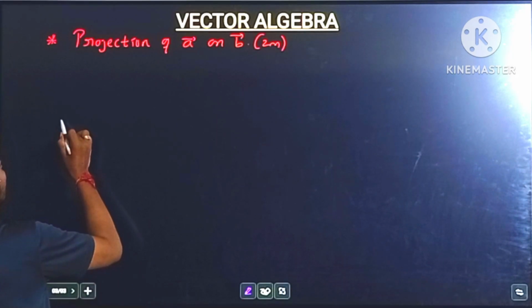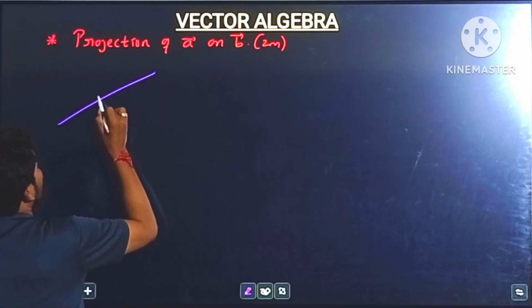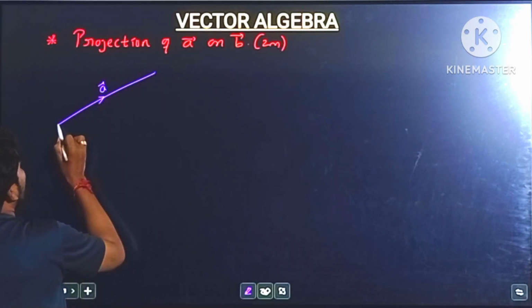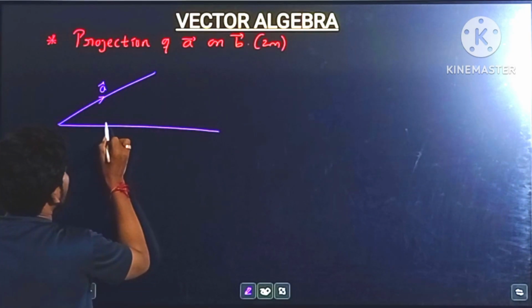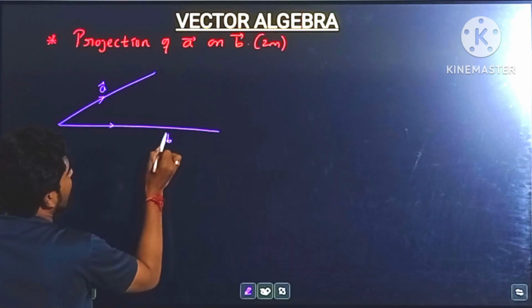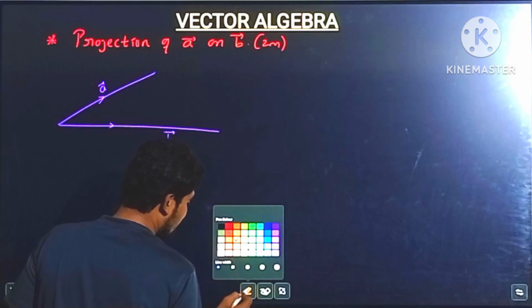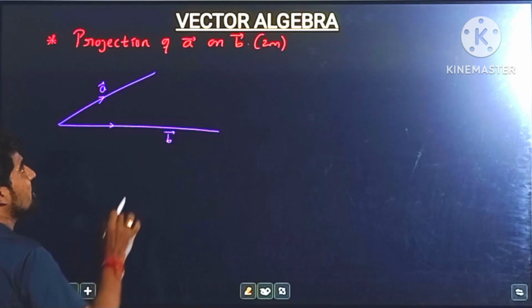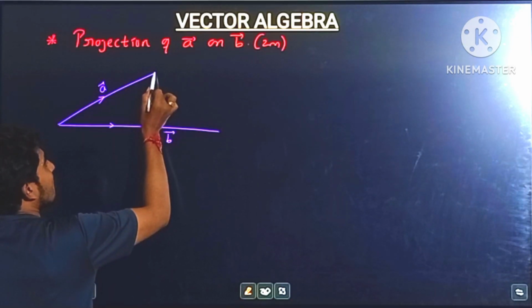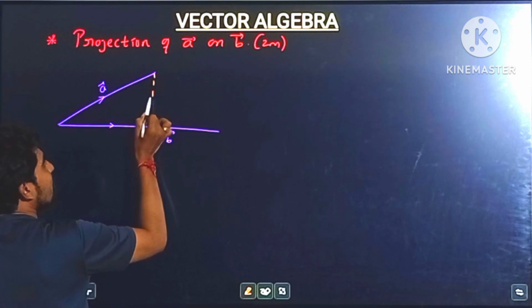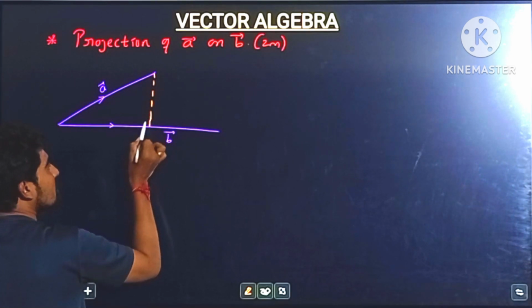So let us suppose this is the A vector and this one is the B vector. The projection of A vector on B vector is obtained by drawing a perpendicular line from the head of A vector to the B vector.